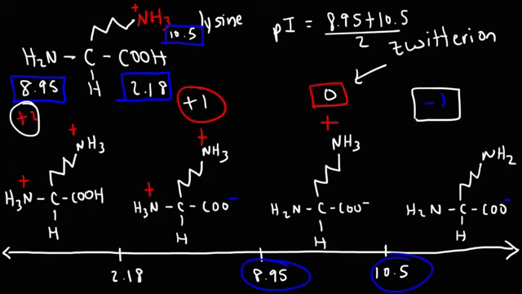So 8.95 plus 10.5, that's 19.45 divided by 2. This gives us an isoelectric point of 9.725. So you could say it's approximately 9.7. That's how you could determine the isoelectric point of an amino acid.